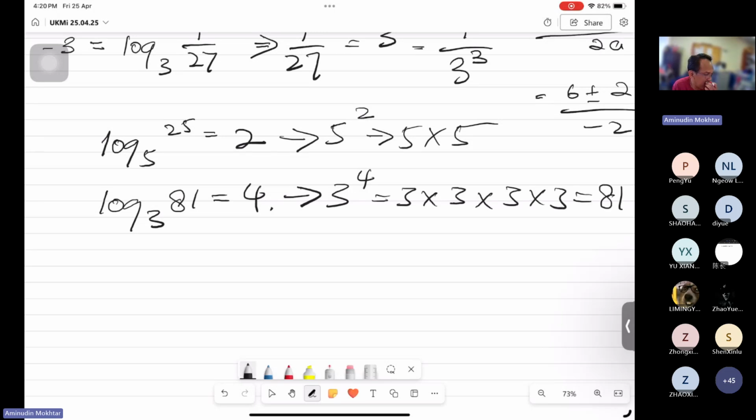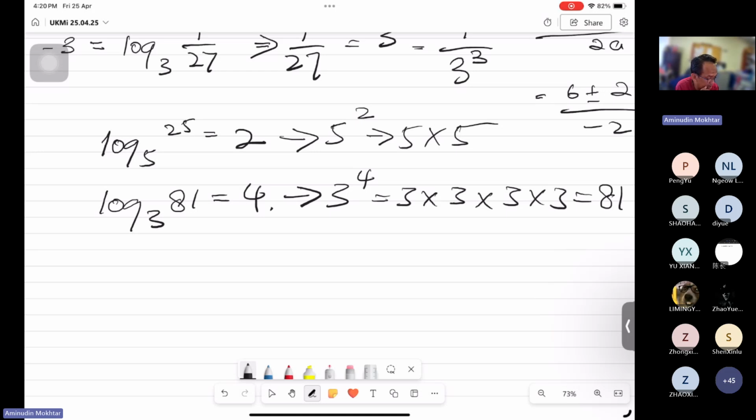That's log base 3 of 81 equals 4. We have to raise 3 to the fourth power to get the value of 81, meaning we multiply 3 four times, or 3 to the power of 4. That's the exponential that gives the number 81.